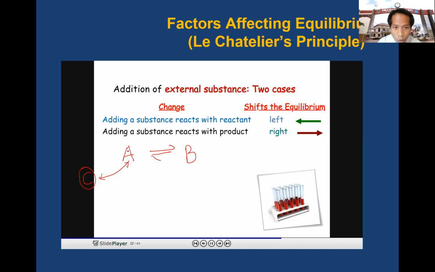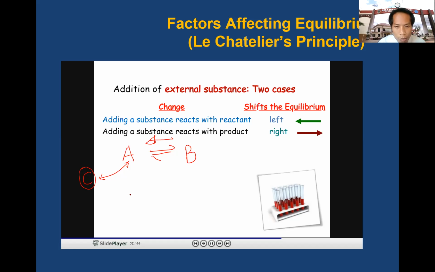The concentration of A will decrease because some of it will react with C, isn't it? So if the concentration of A decreases, then the new equilibrium will shift to the left. Very good. If I add C, then it goes to the left because A is decreasing. So in order to make a new equilibrium, it must shift to the left.